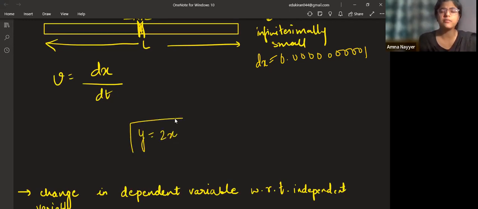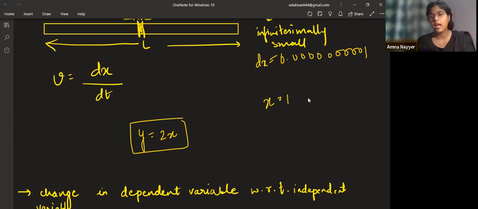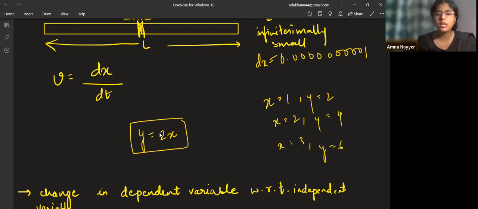For example, if I give this equation, y is equal to 2x, if I put the value of x as 1, I am getting a value. If I put other values, the values are getting changed. So what type of variable is x?